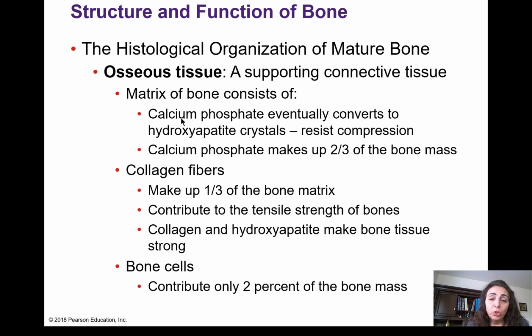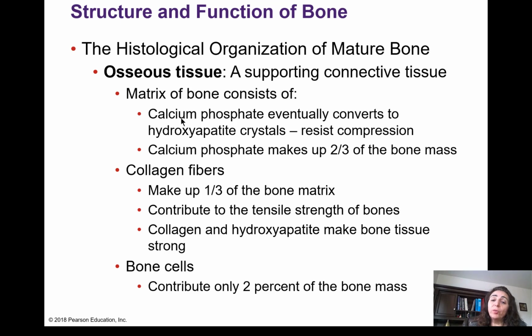Osseous tissue means the bone tissue, a supporting connective tissue. In the matrix of the bone, we have calcium phosphate. The calcium phosphate eventually converts to hydroxyapatite crystals.